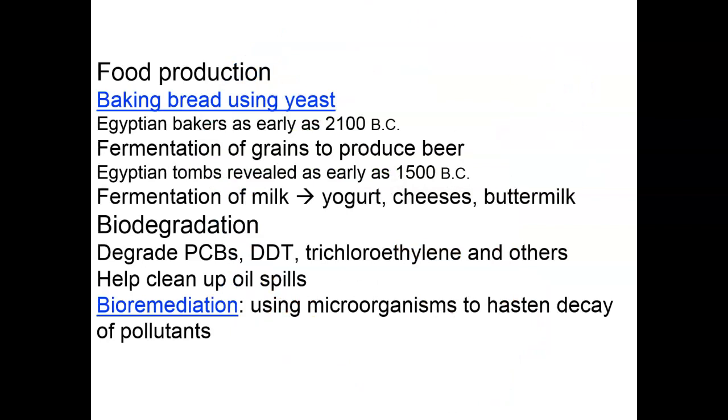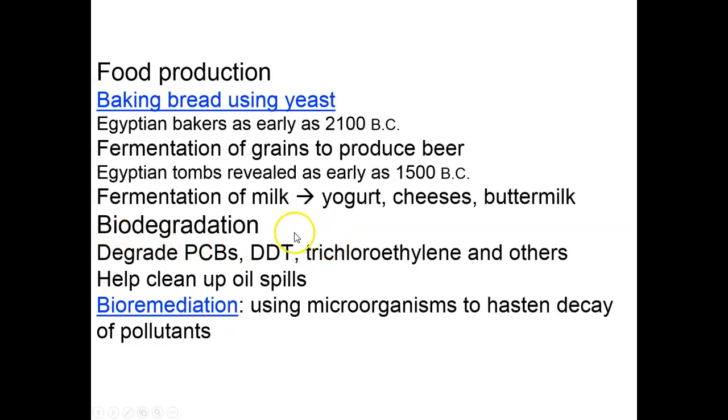They also are really important in producing foods. So we use microorganisms to bake bread, to produce beer, to produce yogurt, so fermentation in the process of yogurt production, or cheeses. We use it in biodegradation.